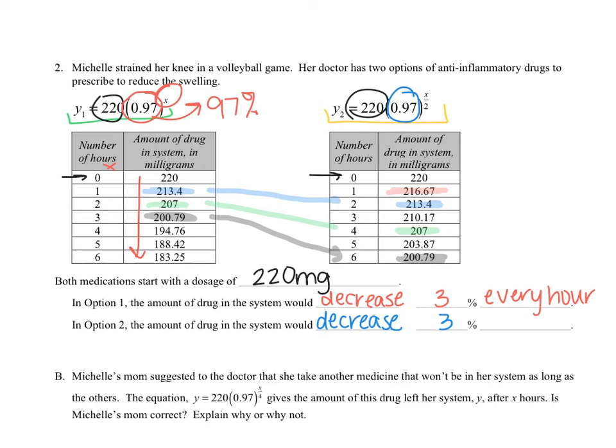All right, if I think about the second drug, this second drug is leaving her system way slower than the first one. So that fraction clues us in that it's actually a slower progression. So it's going to be every 2 hours. I want you to think for a second, how is that different than if I said 2 times an hour?